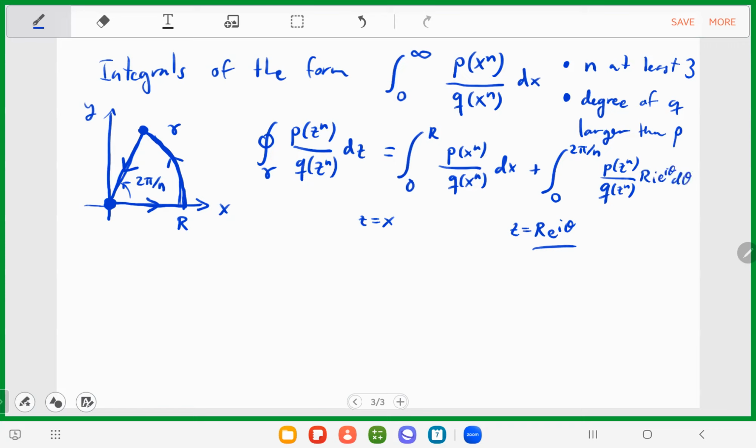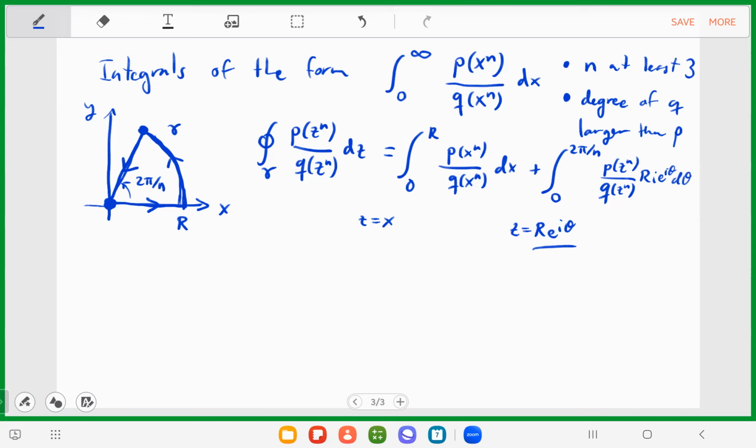The important thing is that if the degree of Q is larger than the degree of P, and n is at least 3, that means the denominator will grow with a power of capital R which is at least 3.